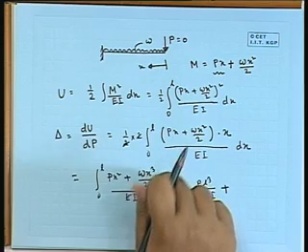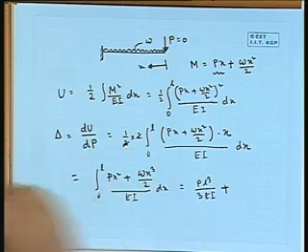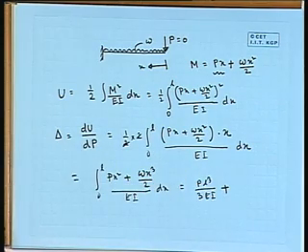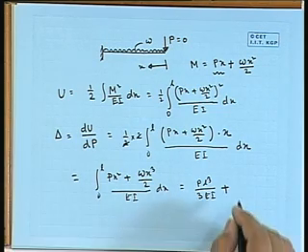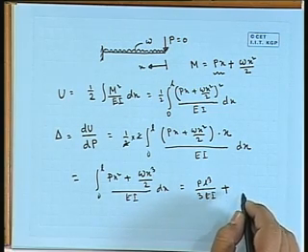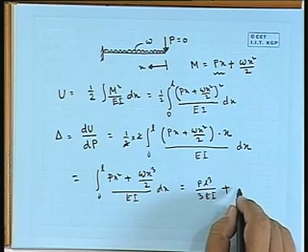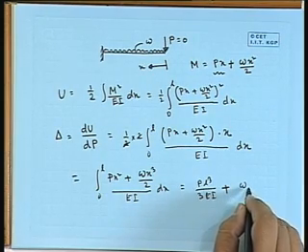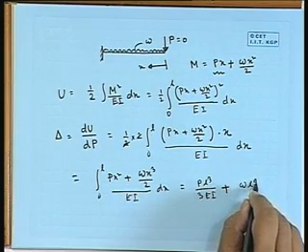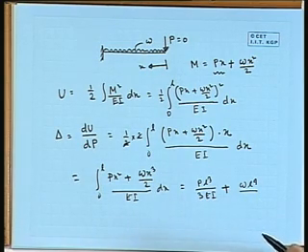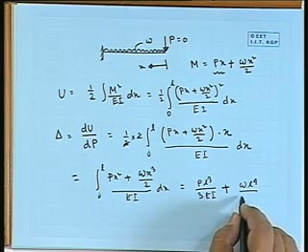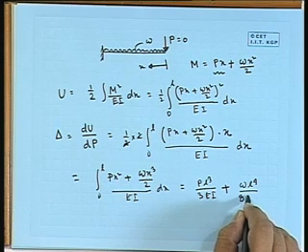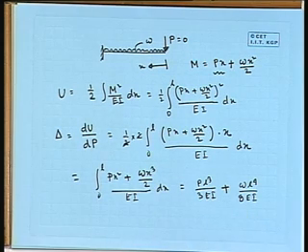If we put the limit, it will be L cube by 3 divided by EI, and here this omega x cube will be x to the power 4 divided by 4, right. So, it will be omega L to the power 4 divided by 8 EI.